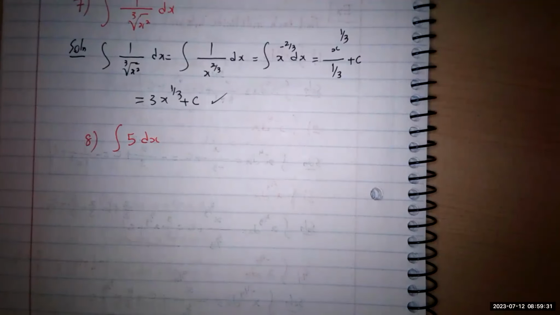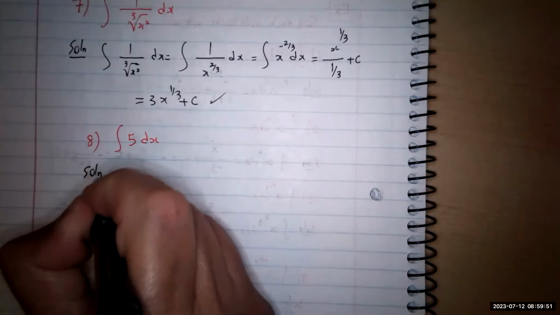You would like to find a function whose derivative is 5. What is that function? Not 0. No. 5x. You see, there are different ways to think about this one.